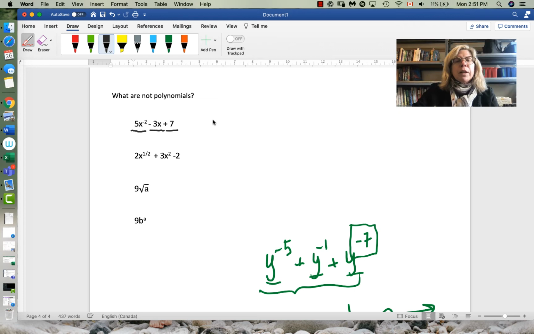Because you have an x to the minus 2, this cannot be a polynomial. And here, similarly, 2x to the 1/2 plus 3x squared minus 2. In this case also, you have x to the 1/2, which is not an integer, so it cannot be a polynomial.